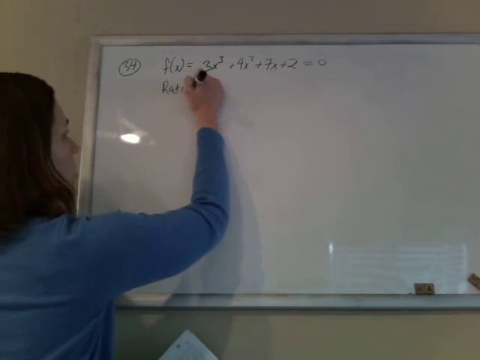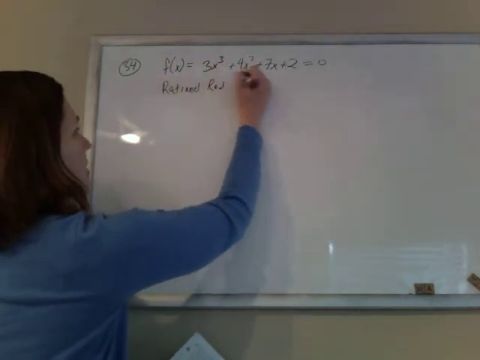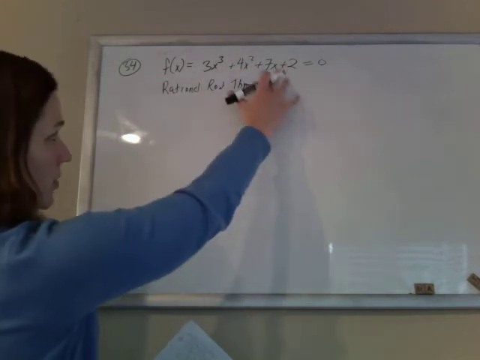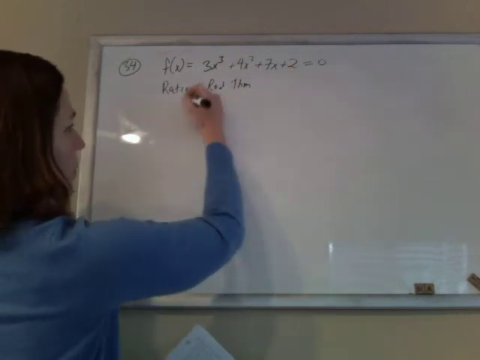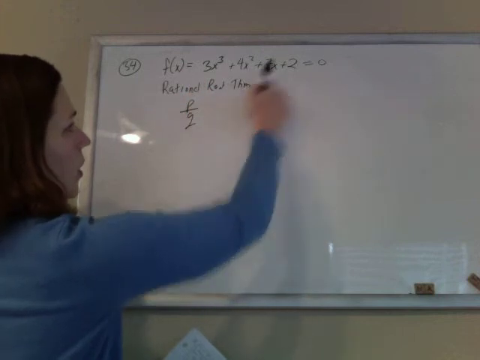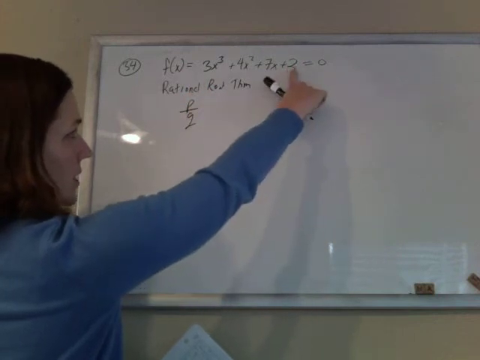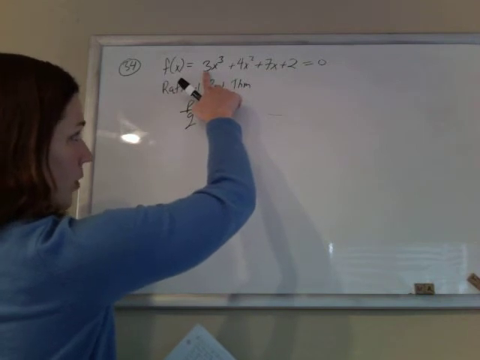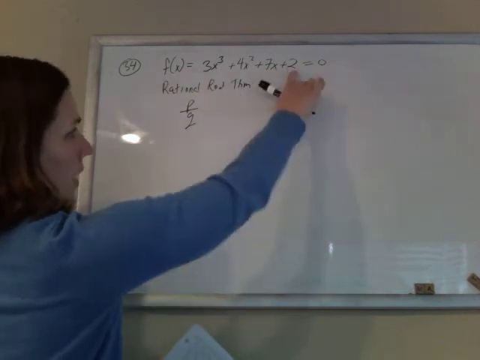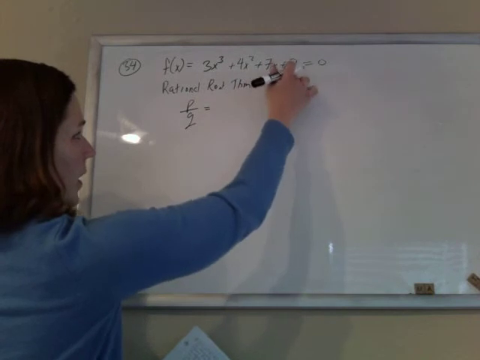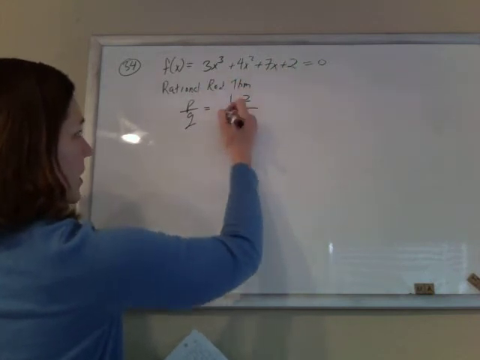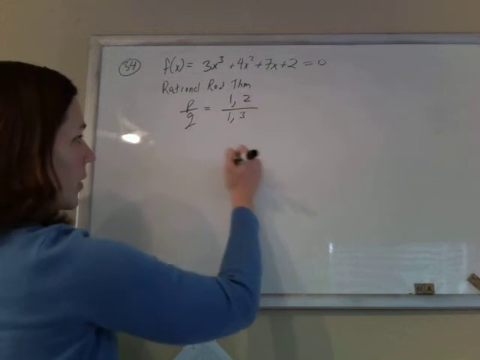And our rational root theorem is kind of cool. It says that if this thing has a rational solution, it comes in the form p over q, where p is a factor of this last constant term, and q is a factor of this leading coefficient. So the factors of my constant term are 1 and 2, and the factors of the leading coefficient are 1 and 3.